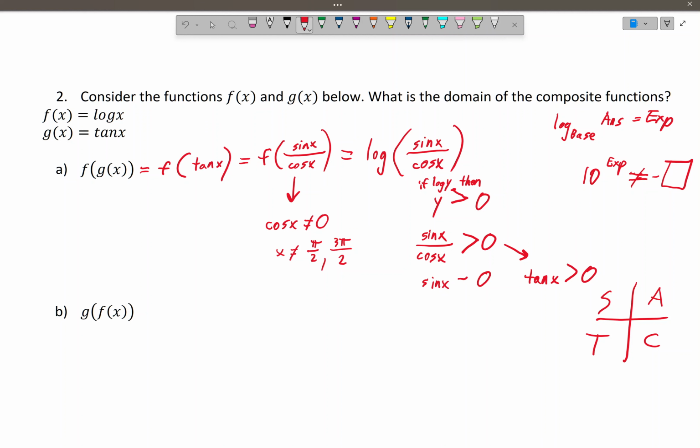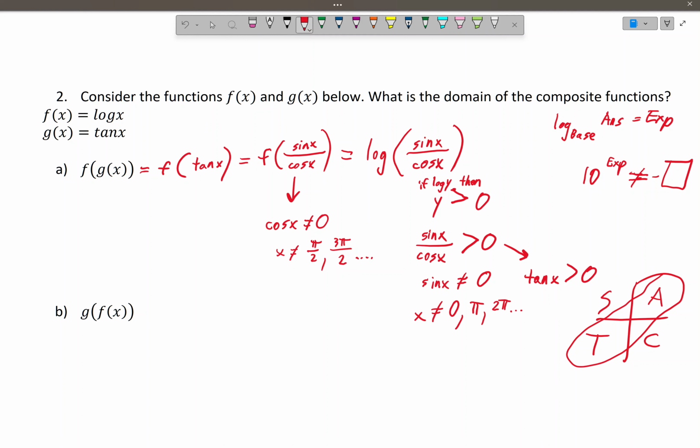Sine x cannot equal 0, and tan must be greater than 0. So it's in these two spots. So x cannot equal where sine x equals 0, so that's 0 and pi, and 2 pi, etc.